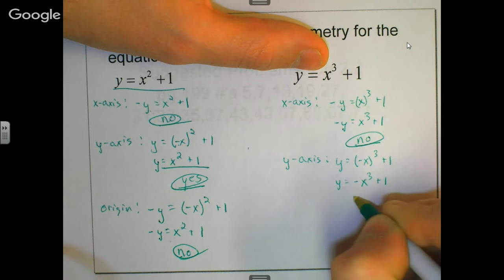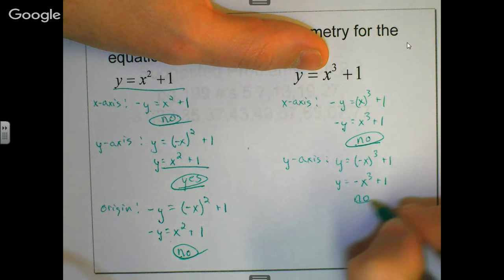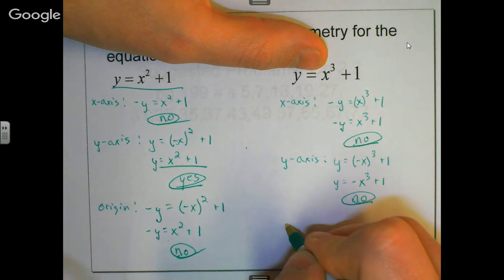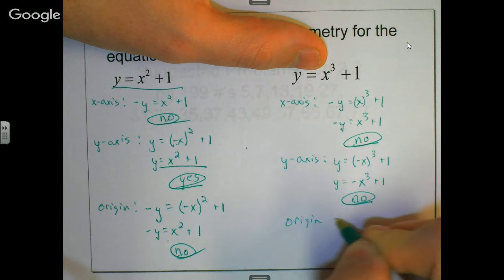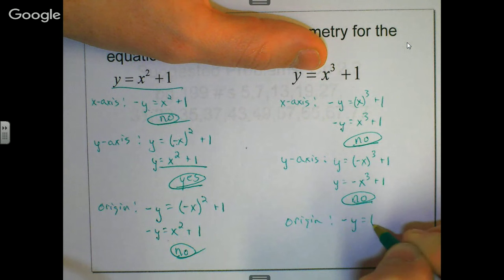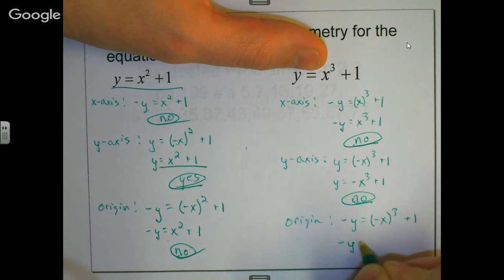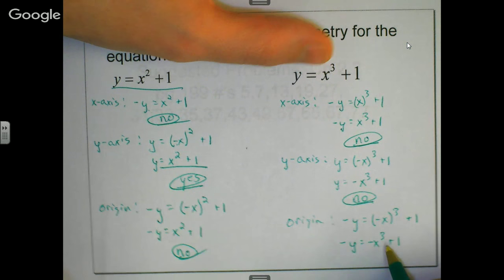So those aren't the same. And then origin. So negative y equals negative x to the third plus 1. So it's negative y equals negative x to the third plus 1. So that is not the same.